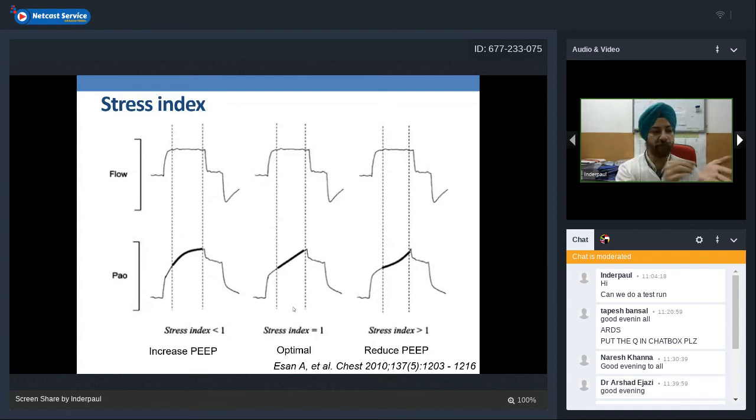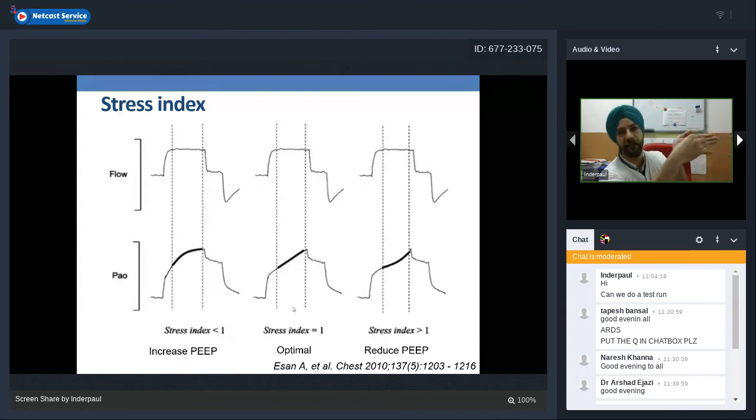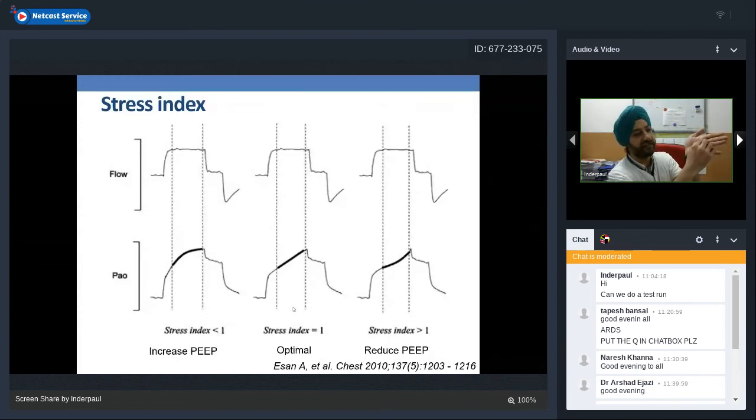All you need to do is write down tidal volume, static lung compliance, and plateau pressure on a piece of paper, and on increasing PEEP 7, PEEP 8, PEEP 9, PEEP 10, keep on writing these things, and you will be able to draw a graph and see that suddenly there will be a fall in the compliance and an inappropriate increase in the plateau pressure. So this is another strategy that I have used in the ICU.